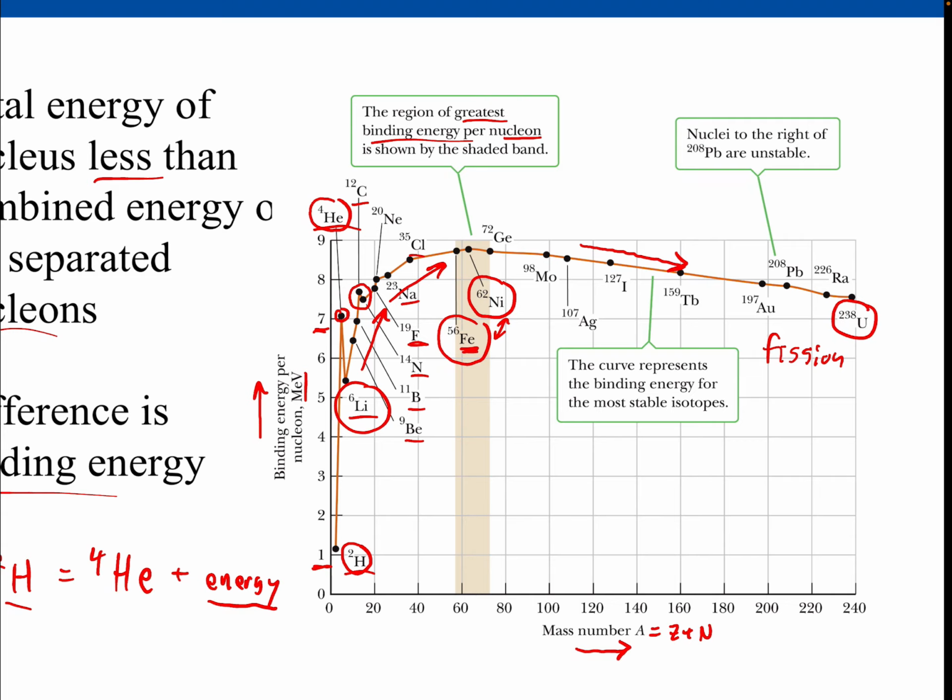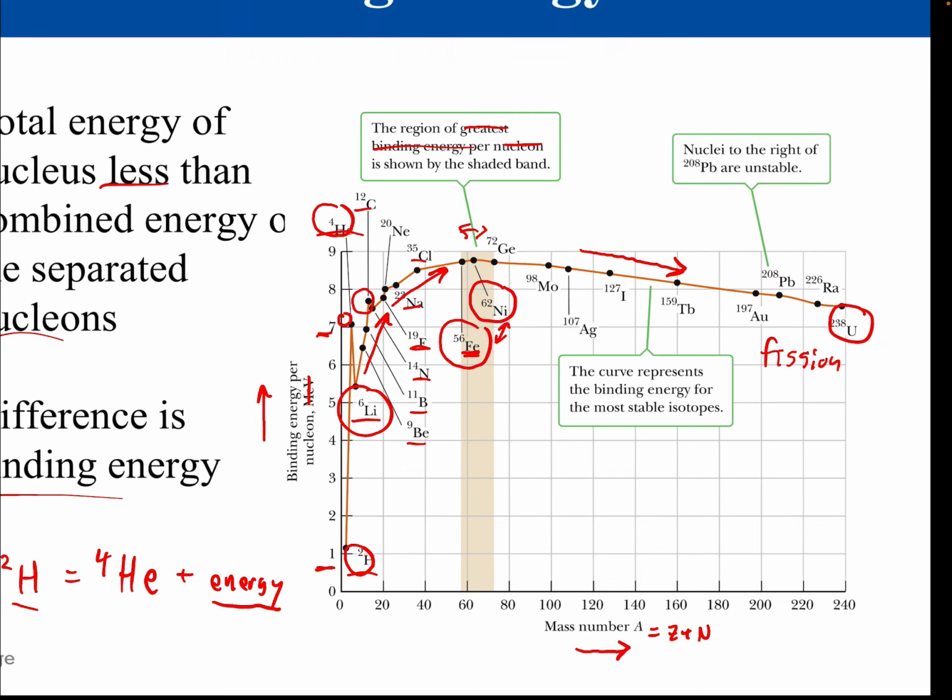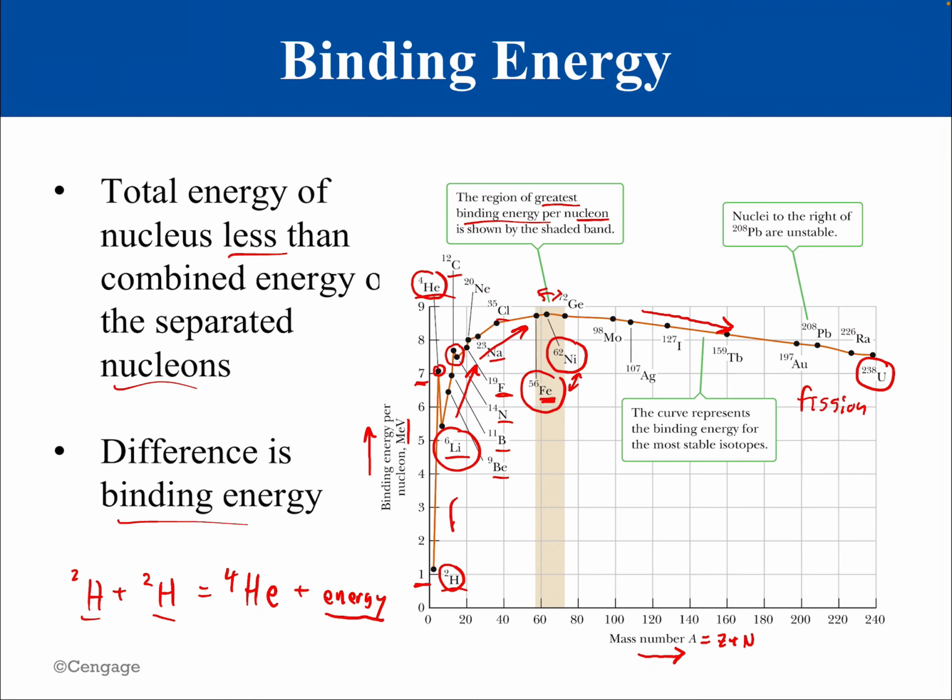So that's the trend. It actually goes up at first for light elements, more binding energy per nucleon, peaking out right here with this band of greatest binding energy per nucleon, and then gradually falling all the way up to these fundamentally unstable nuclei like uranium. All right, and so that means that on this side of the peak, fusion produces energy, and on this side, fission produces energy.